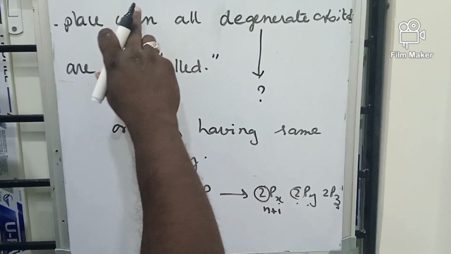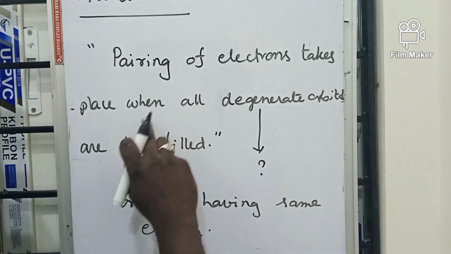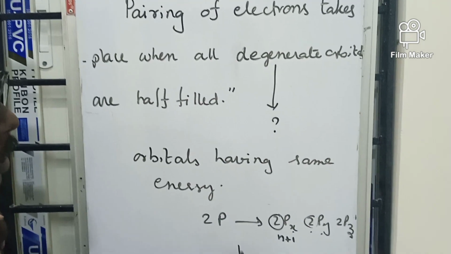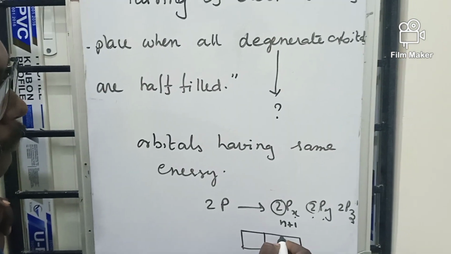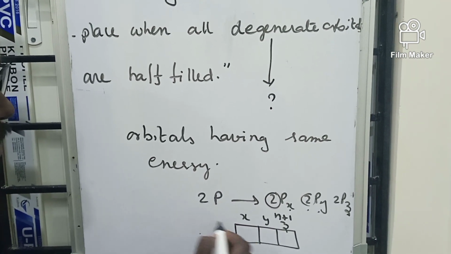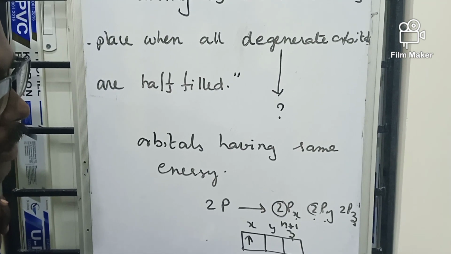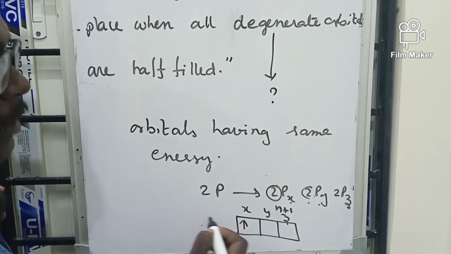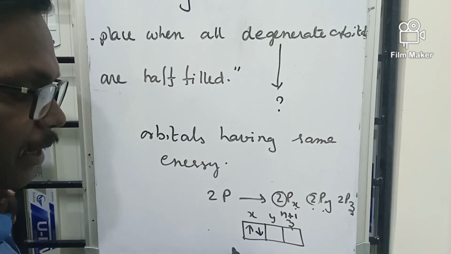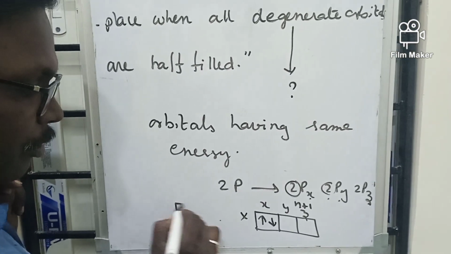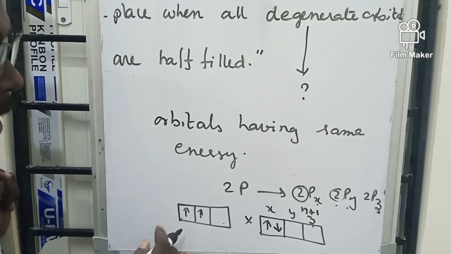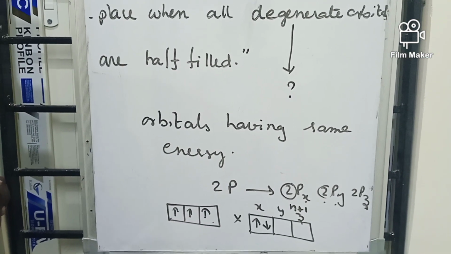Okay, Hund's rule states that pairing of electrons takes place when all degenerate orbitals are half filled. For example, here in 2p, px, py, pz, three are there. So first one electron came here. Whenever we get the second electron, meaning atomic number increases by 1, next atom, next element, then what happens? Electron will not pair here. Electron enters into the next degenerate orbital, and again for the next element, like that.